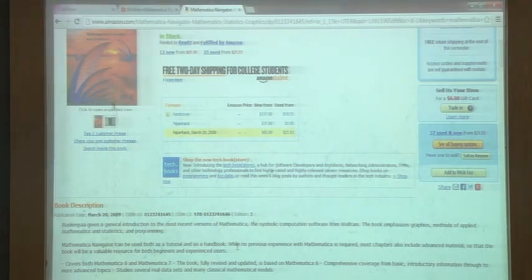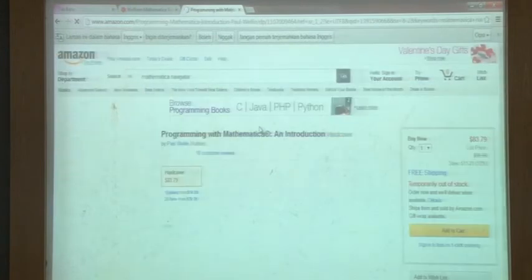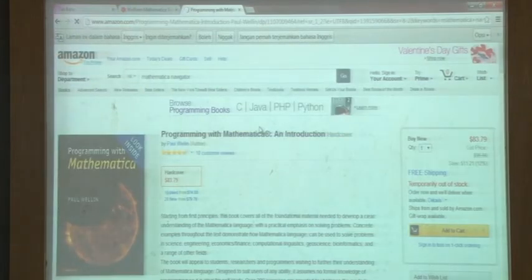For programming, as I mentioned, I give you some examples. The latest one is Programming with Mathematica, by Paul Wellin. Paul Wellin actually used to work at Wolfram as the head of training, but he left a couple of years ago.